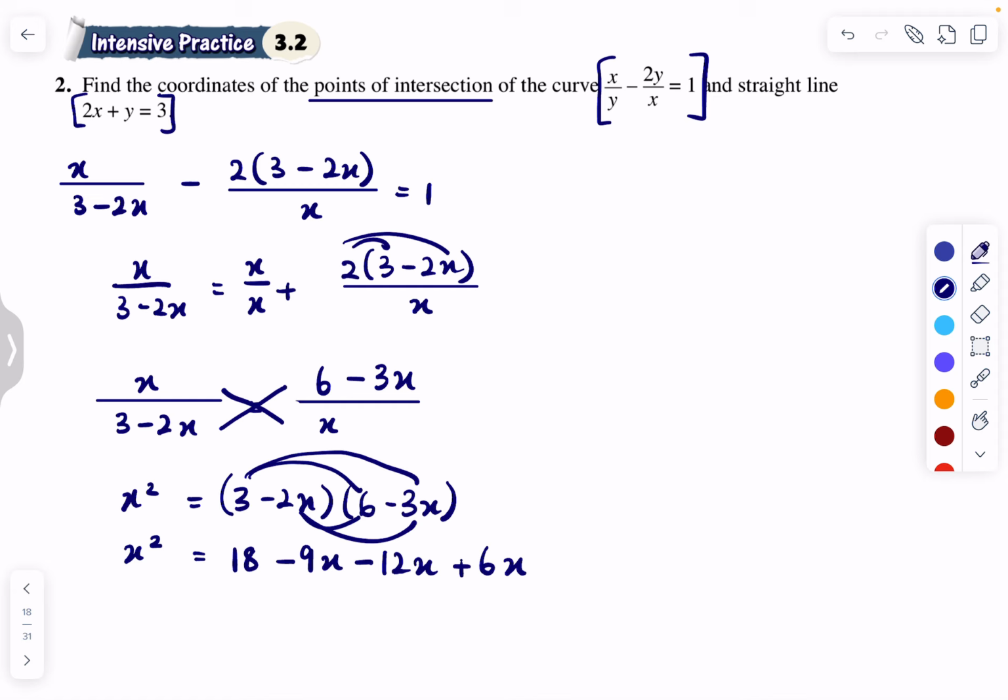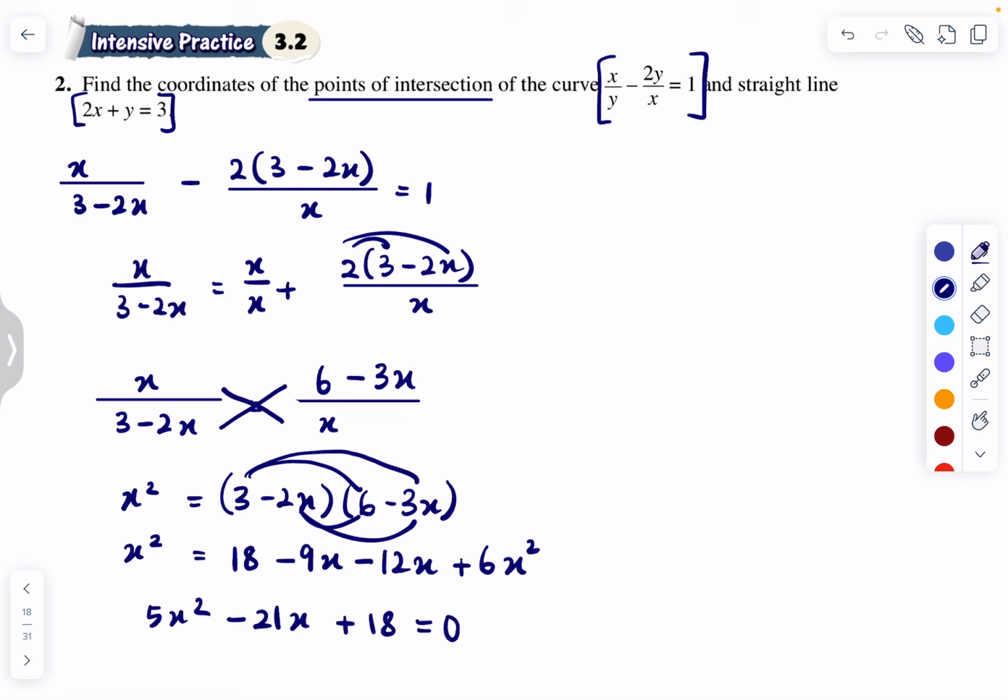I think I'm making a mistake here. 2x times 3x is 6x squared. Then we can rearrange. So 6x squared here, x squared we bring over here. So 6x squared minus x squared is 5x squared. Negative 9 minus 12 will give us negative 21x plus 18 equals 0.